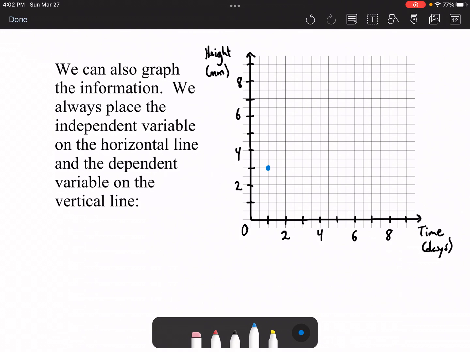So time 2, height 4 is this point. The next point was time 3, height 5, time 4, and height 6. Now if this continues on, you can continue on with a pattern, if you notice what the pattern is.